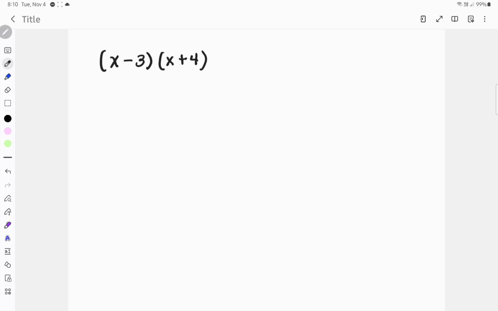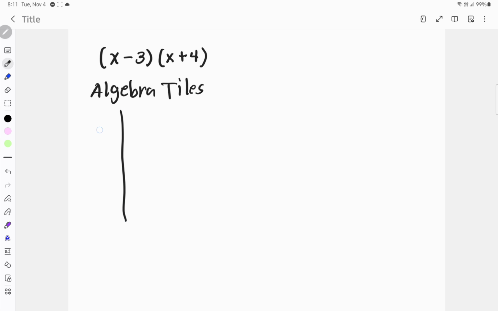Now, let's go with algebra tiles. Working with algebra tiles, once again, x is represented by a rectangle, and then I need 3 small squares, assuming they're equal in size. However, this is negative, so I need to put a negative inside the small squares.